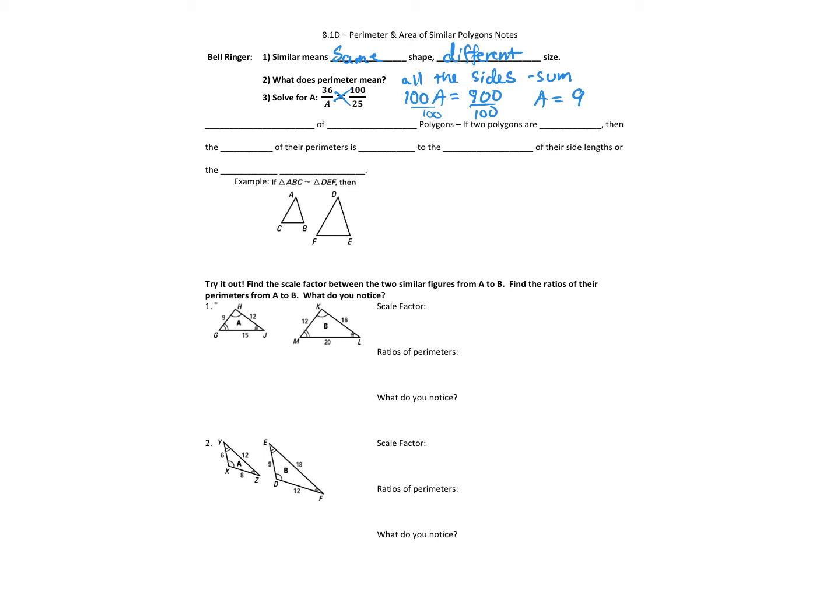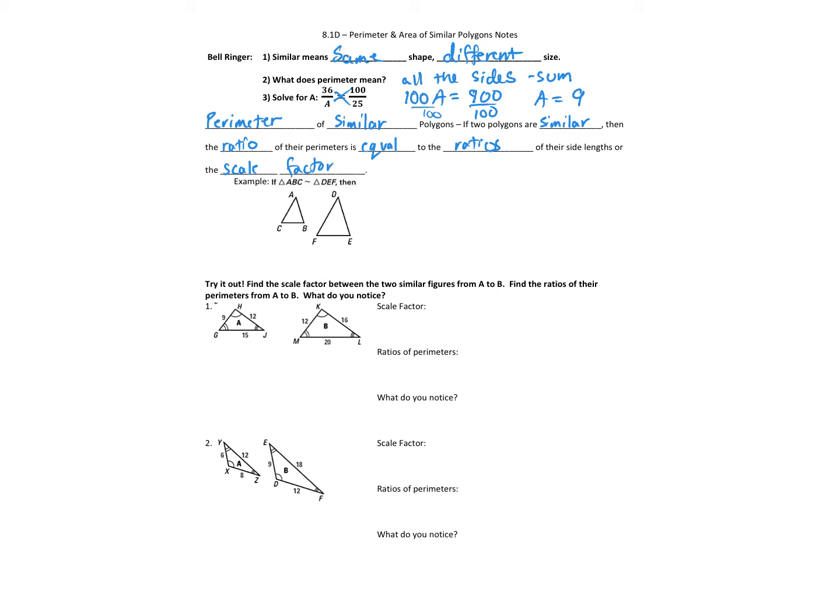Okay, first, the perimeter of similar polygons. If two polygons are similar, then the ratio of their perimeters is equal to the ratio of their scale factors, of their side length scale factor.